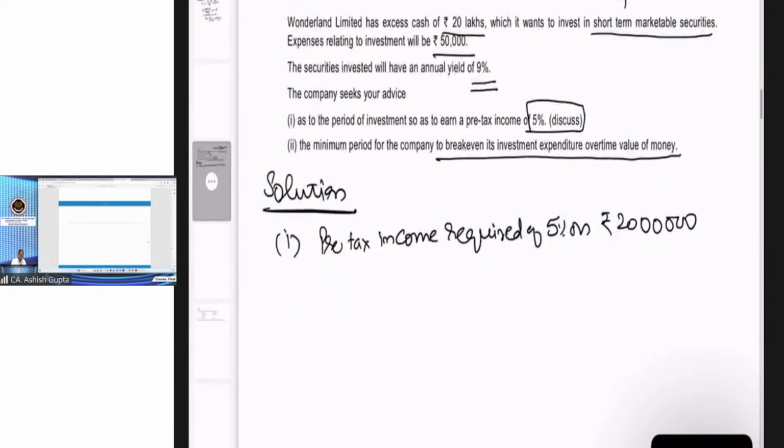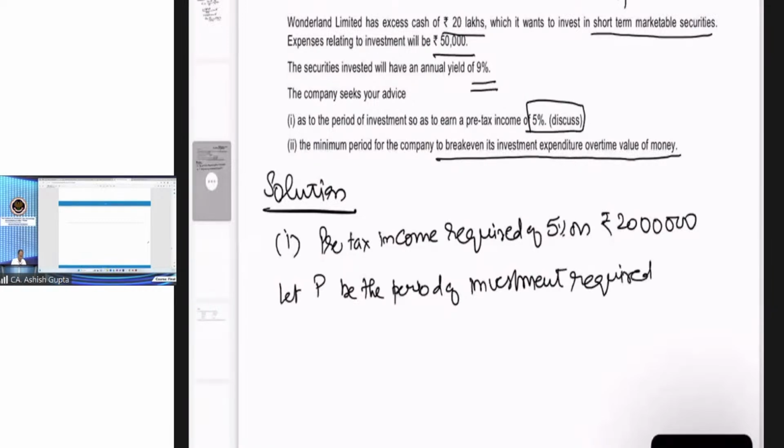Okay, now we solve like this. Let P be the period of investment required. For 5% of rupees 20 lakh, it means rupees 1 lakh, to earn 1 lakh pre-tax income, because here the tax rate has not been given to you, but if it has been given, then you will compute it accordingly.